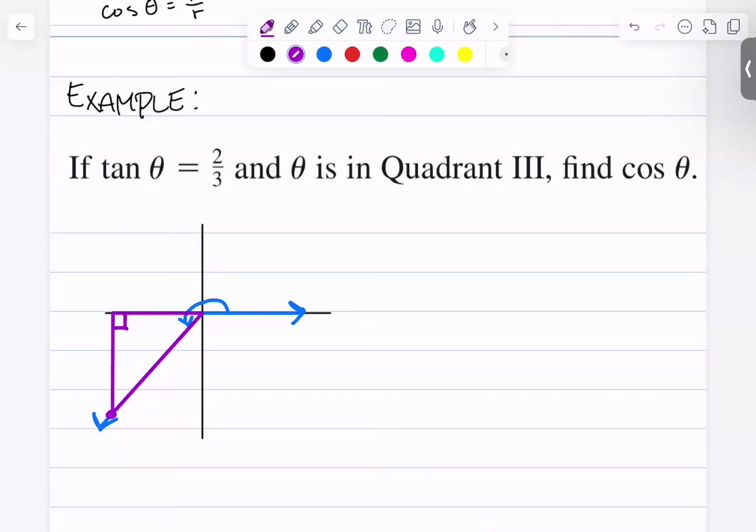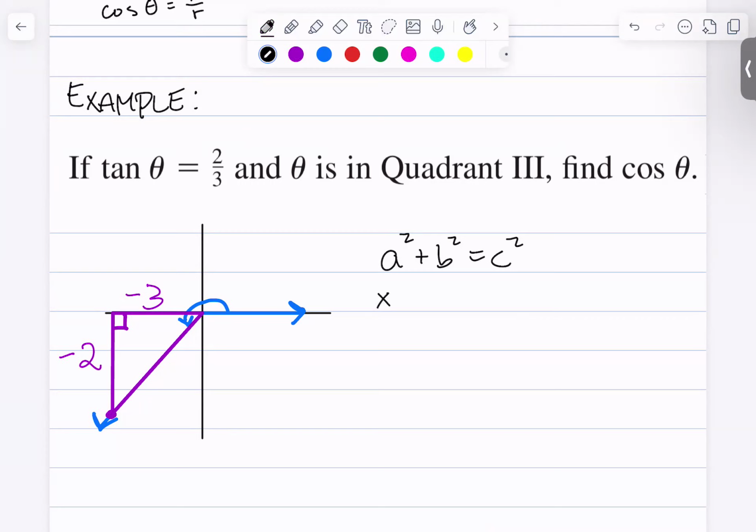And then here, it says tangent equals 2 over 3, right? Tangent is y over x, so that's 2 over 3. But since that is in the third quadrant, I know that x is negative and y is also negative, right? So in order to get my hypotenuse of this, I'm going to use a squared plus b squared equals c squared, or Pythagorean theorem.